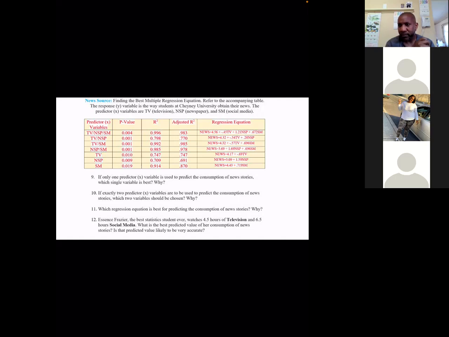Okay. First, she had identified that we are looking for one predictor variable. So that means we're only looking at the bottom 3. Now, as we look at our R square and adjusted R square, we are supposed to look for the highest number for both.